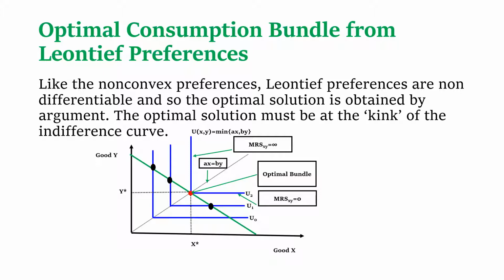So as you can see here, U(X,Y) is just the min of (aX, bY). Right? So it looks at what? The least amount of these two. That's why we have the min here. That's why they call it min. Okay.